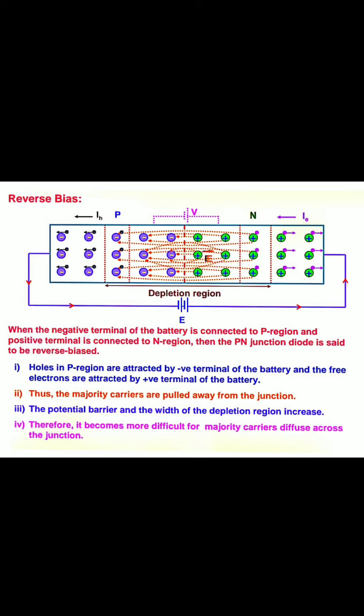So it is very difficult for the majority carriers to diffuse across the junction from P to N side or N to P side, because they are attracted in the opposite direction, far away from the junction.